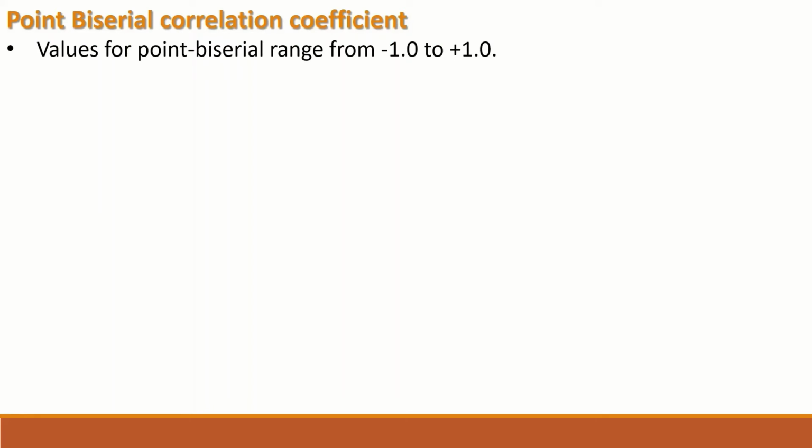Now, the statistical test for the point biserial correlation coefficient generates a value, and these values range from -1 to +1. +1 indicates a perfect positive correlation.